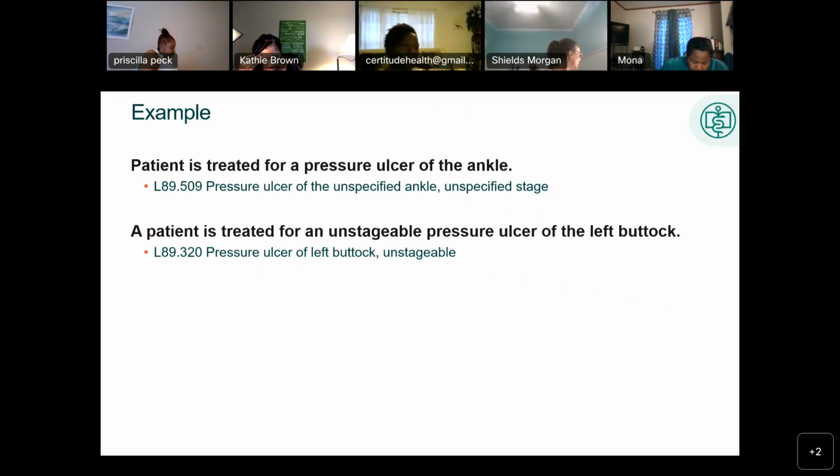So we are correct in being under ulcer, but instead of going to lower limb, I want us to go to pressure, because a pressure ulcer is a specific type of ulcer. So look on page 350.